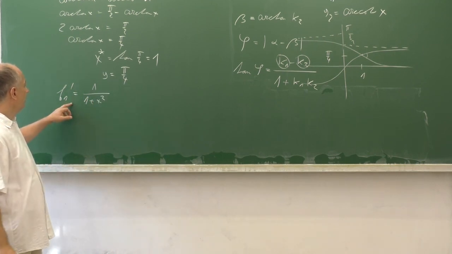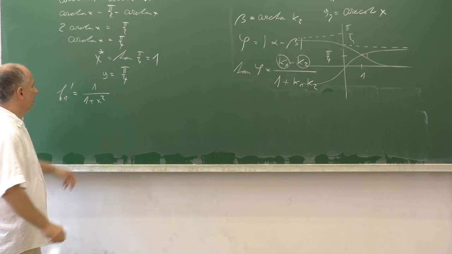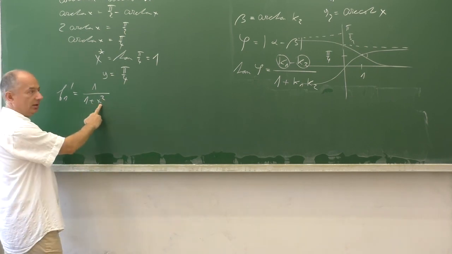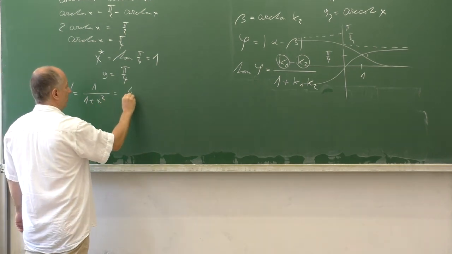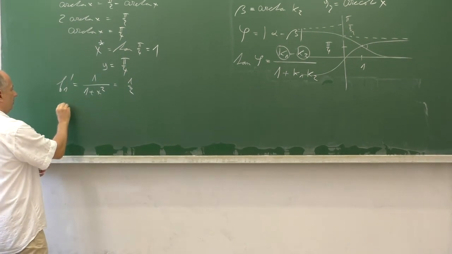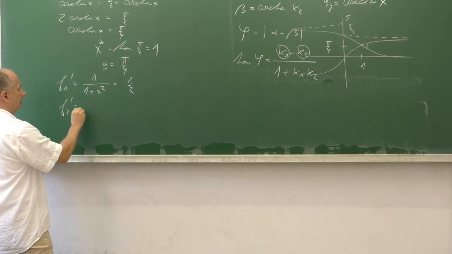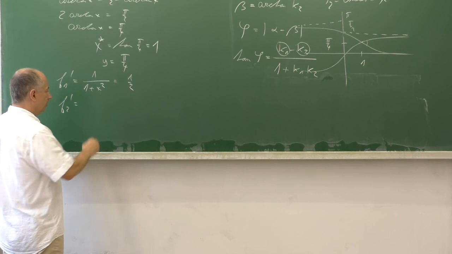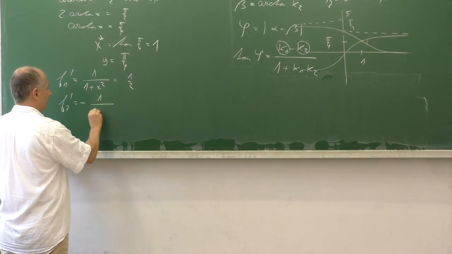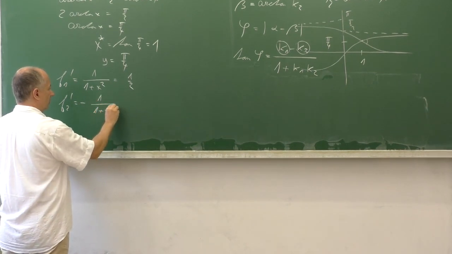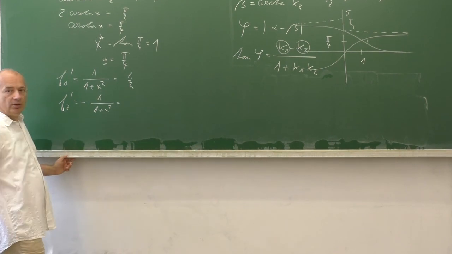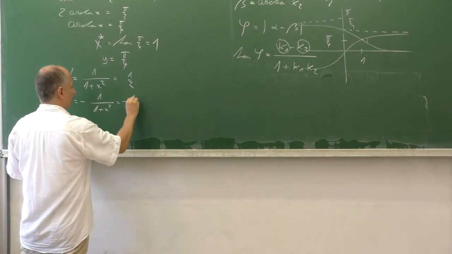If we evaluate this at x is 1, we have 1 squared is 1, plus 1 is 2, so we have 1 half. And similarly, f2 derivative, the derivative of arccotangent, is minus fraction 1 over 1 plus x squared, which when evaluated at x is 1 is minus 1 half.